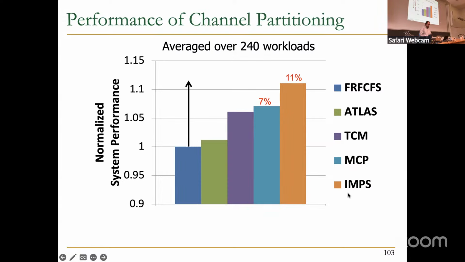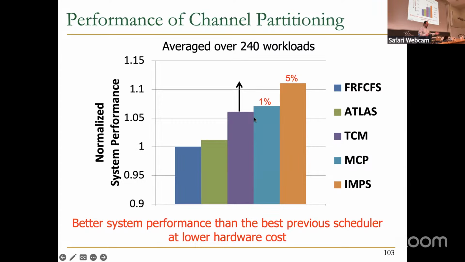However, combined with scheduling, IMPS can provide much better performance, around 11%. Channel partitioning alone does not provide much performance compared to TCM, but by combining it with scheduling, you can get much better performance. But it's not only about performance. You should note that when we use channel partitioning, we really want to ensure performance guarantees. We are much more focused here on providing fairness, but not only fairness, actually quality of service. We really want to enforce that quality of service.